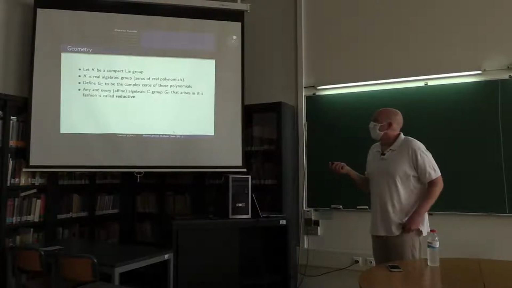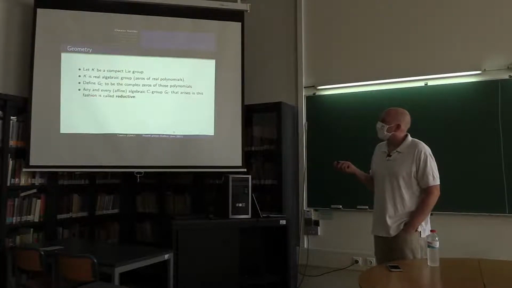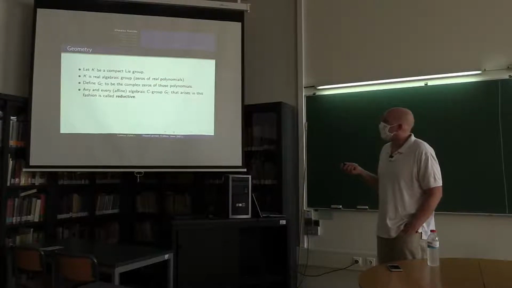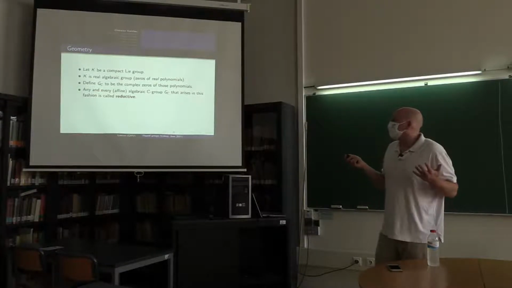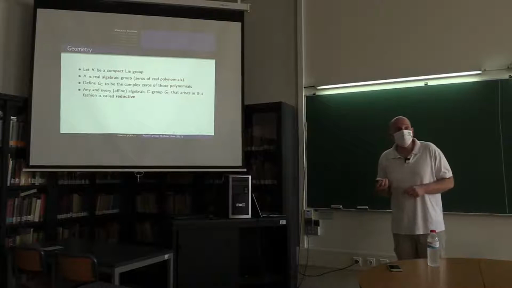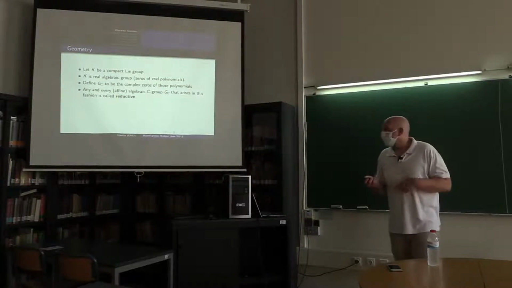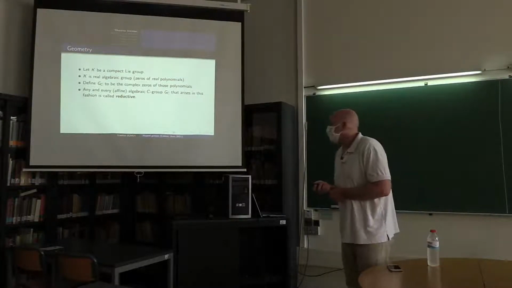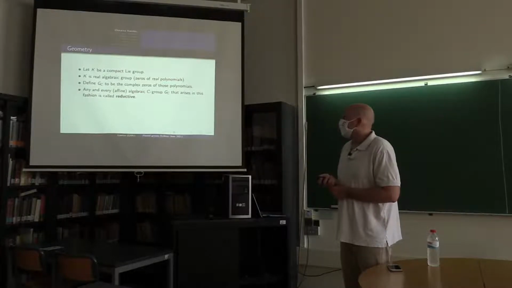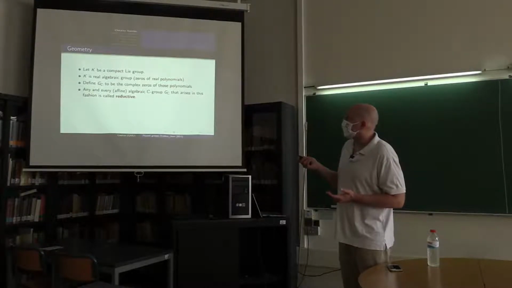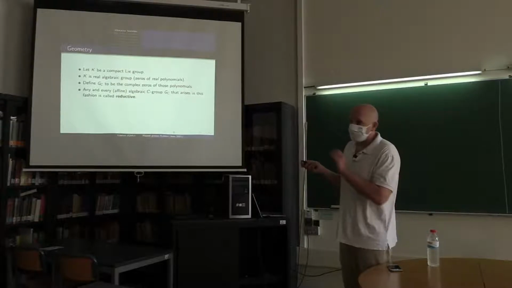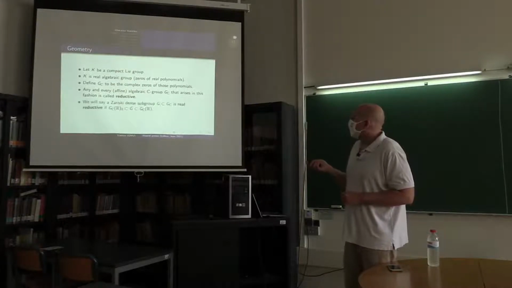And every group that arises in this way is what's called an affine algebraic reductive group over the complex numbers. There are other ways to define reductive affine algebraic groups in terms of something called the radical or the unipotent radical. Over the complex numbers, it's equivalent to this definition, so we'll just leave it at that.